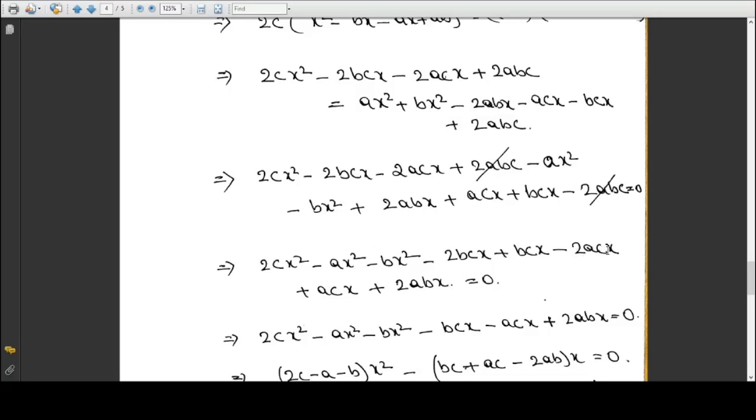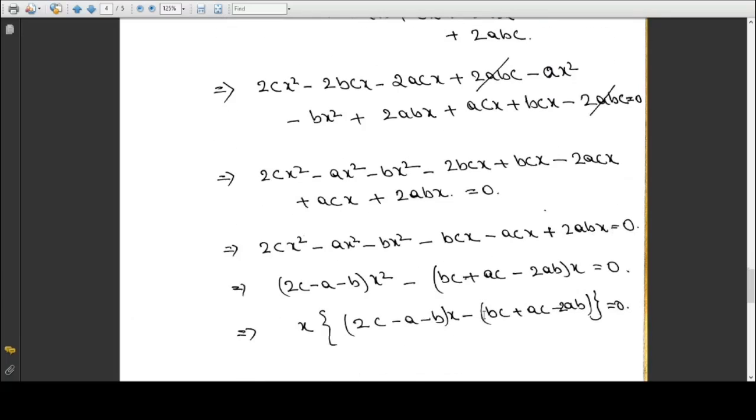Between these two, acx here is the same, one is plus, one is minus, so you subtract and get only 1acx, but the sign will be minus. And then the last, this is alone, you have 2abx, and on the right side is 0.